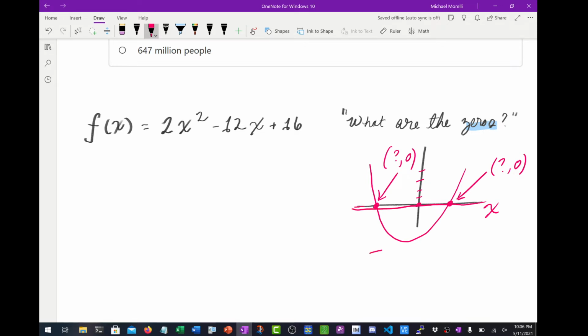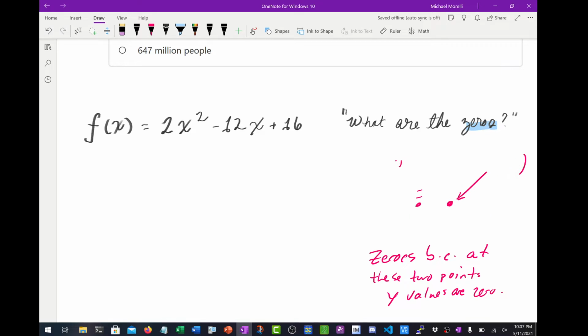So they're called zeros because at these 2 points, the y values are 0, okay? So that's what it means. What are the zeros?